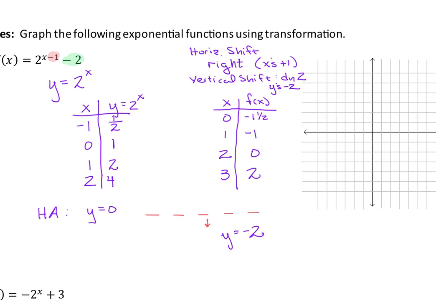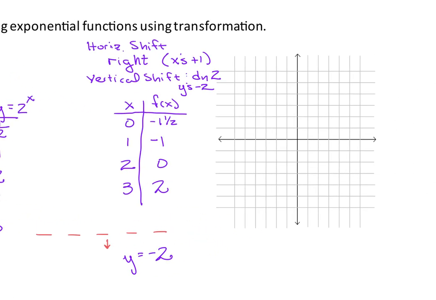All right, we do want to go ahead and graph this now. So I'm going to start with my horizontal asymptote. We have a horizontal asymptote at y equals -2. And we want to plot our points. So we have 0, -1.5, 1, -1, 2, 0, and then I included that 3, 2 there.